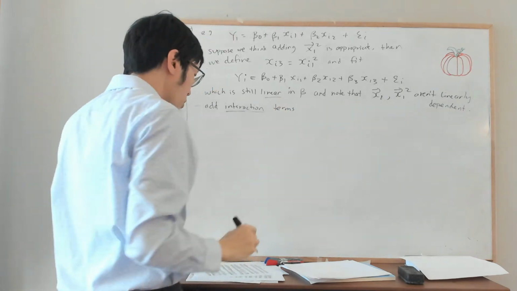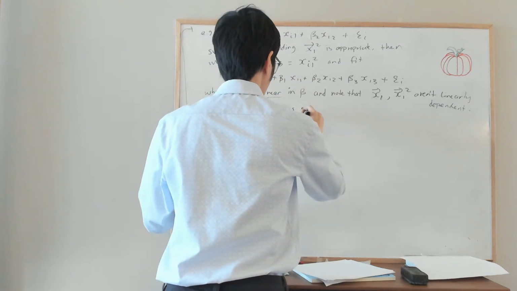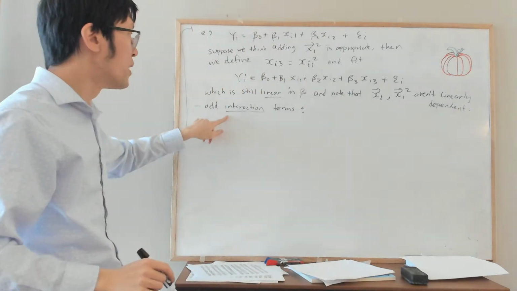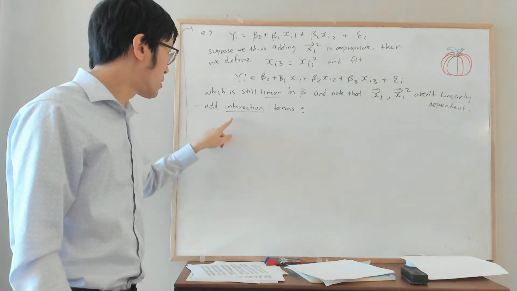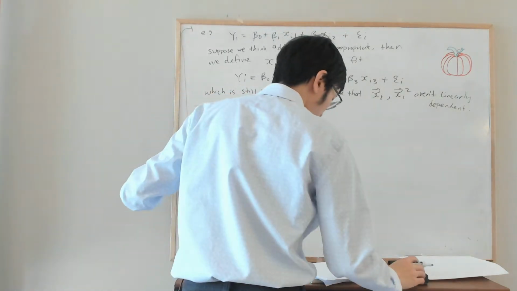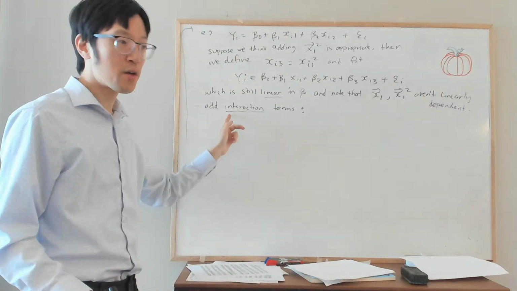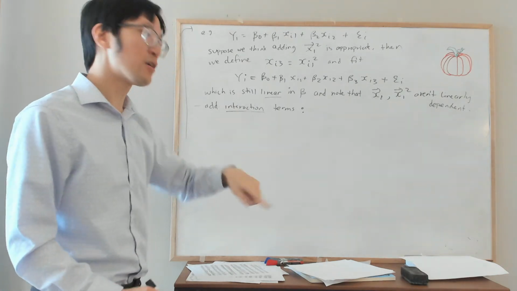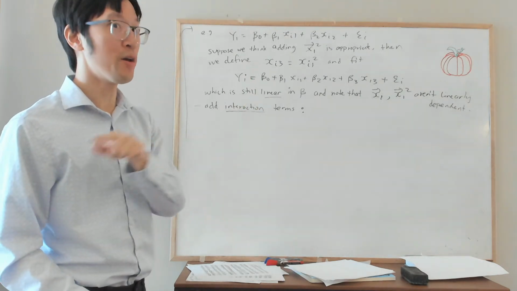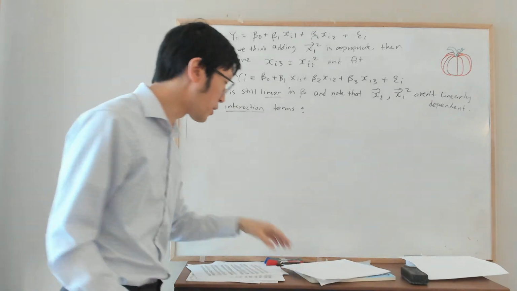Again, I just want to give you a quick overview of conceptually how we would do this. So what's interaction? Interaction between two variables: say you have xi and xj, the two predictors. We say they interact if the effect of xi on y depends on the value of xj. So that's called interaction.